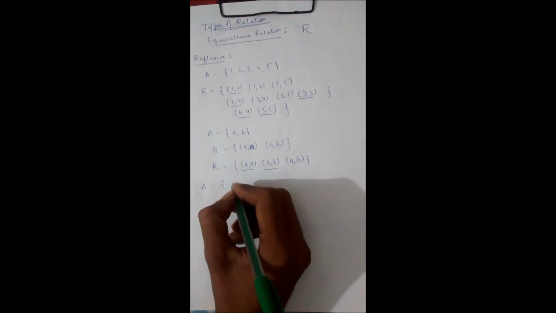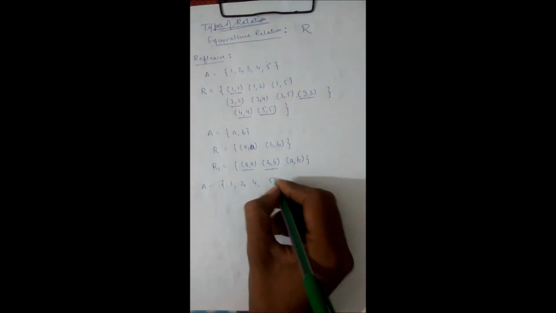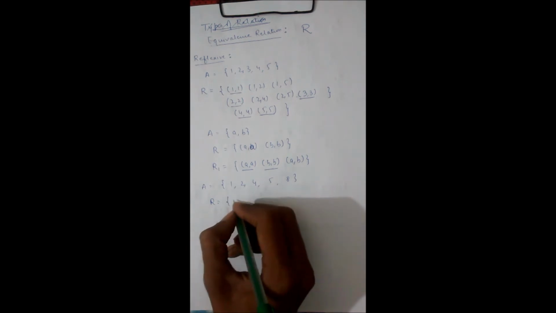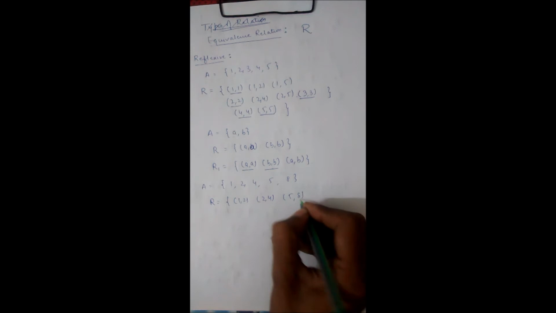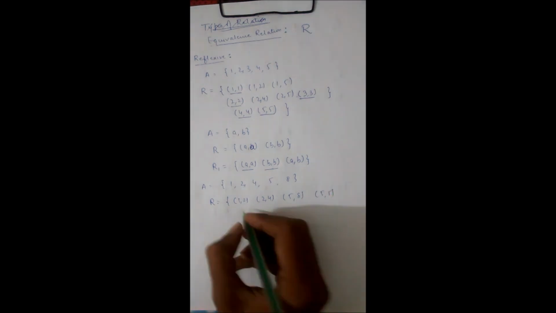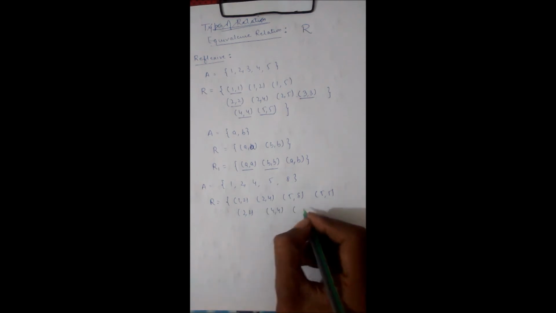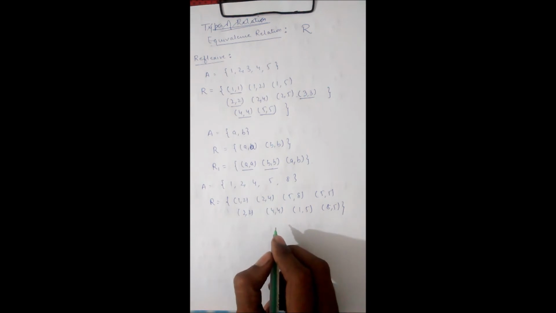Now, if my A is {1, 2, 4, 5, 8}, and R' equals (1,2), (2,4), (5,8), (5,5), (2,2), (4,4), (1,5), (8,5), this can also be a relation. Clear?